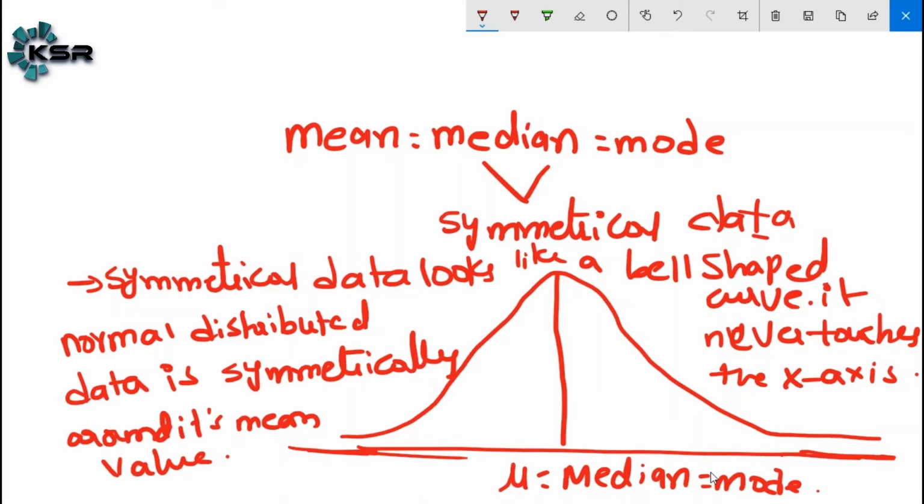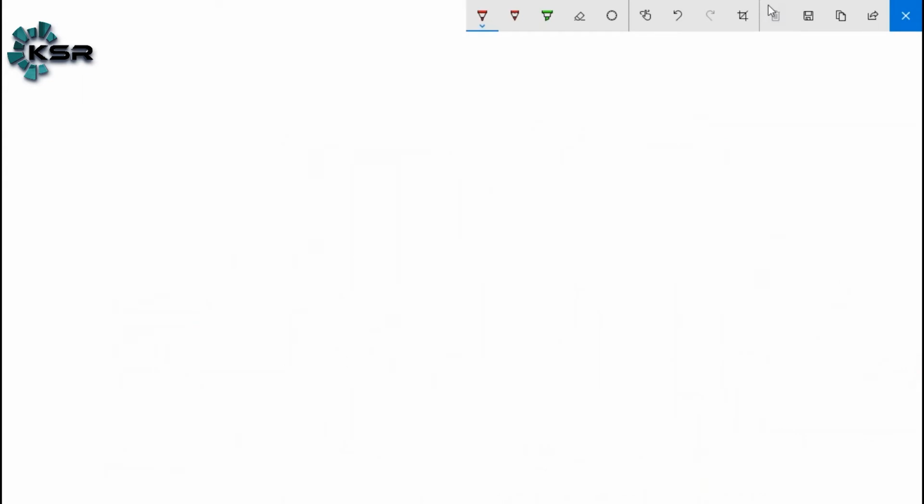Now let's talk in detail about the bell-shaped curve.